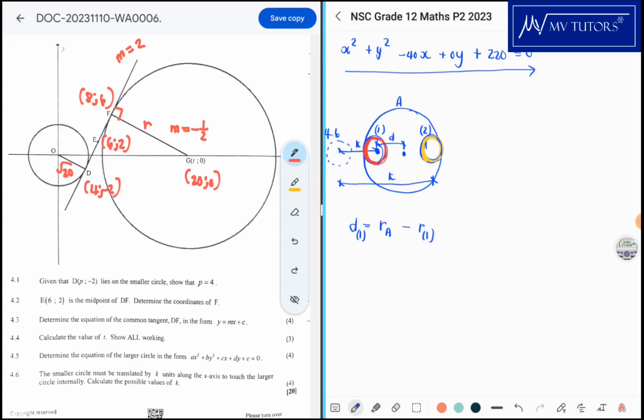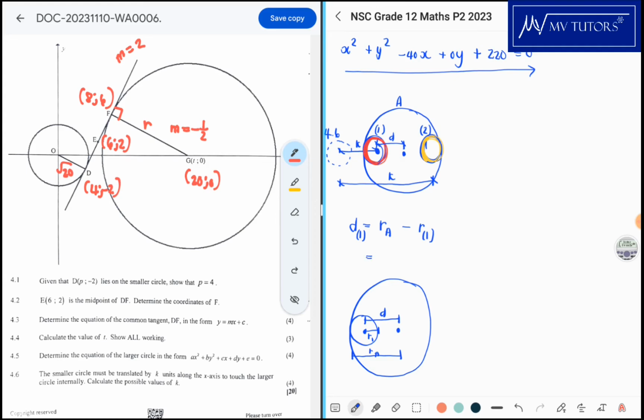All right, let me try to redraw it again so that you see what I'm talking about. I have the center over here and I have the center over there, and what I'm calculating now is this distance D, and with that I have the radius, remember, and then I also have this radius. So for me to get D, I have to take the bigger radius and subtract the smaller radius.